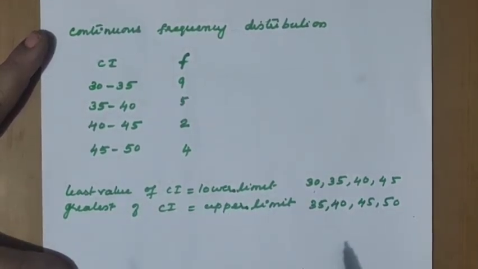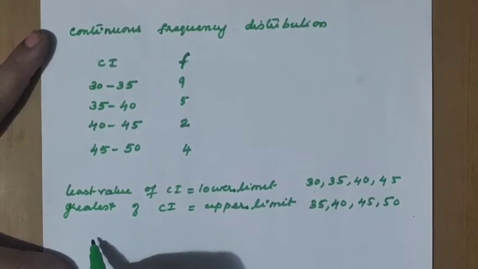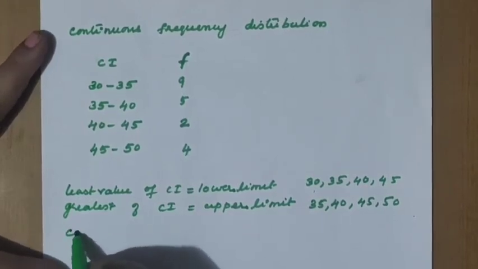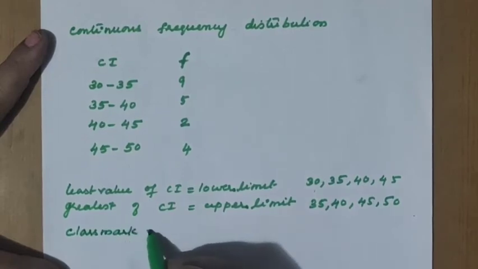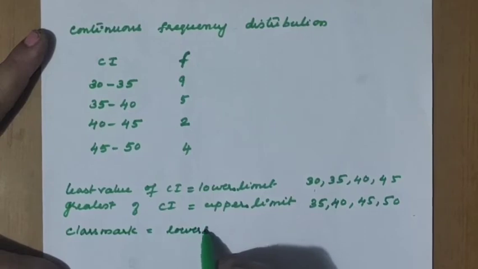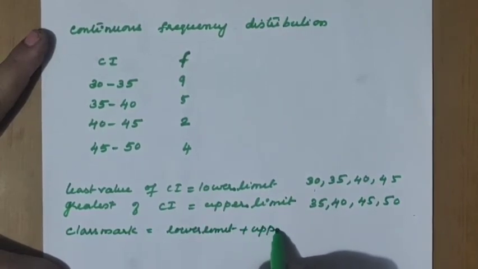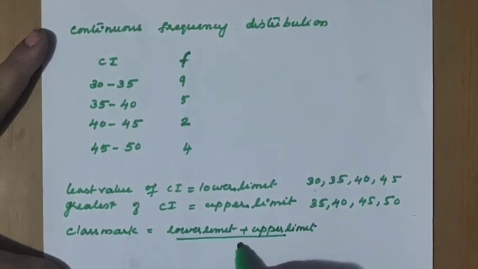The next point we have to learn is the class mark. Class mark means the midpoint of the class interval, that is lower limit plus upper limit divided by 2.